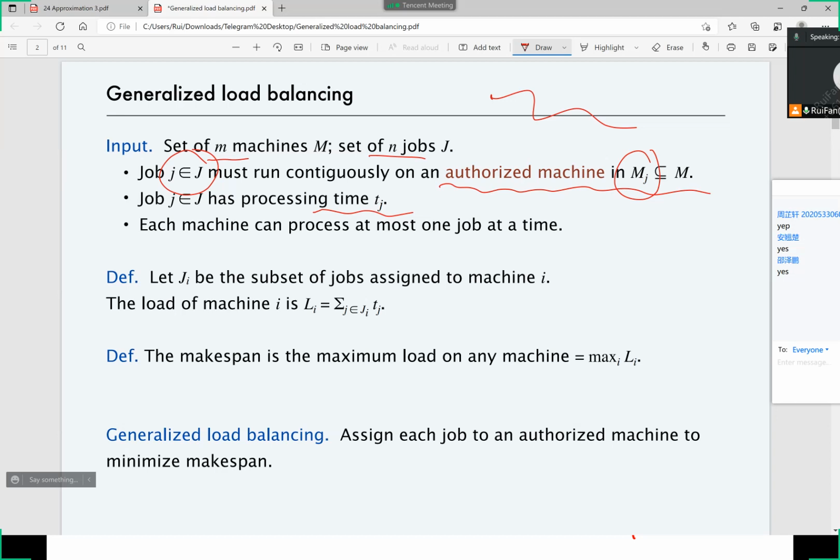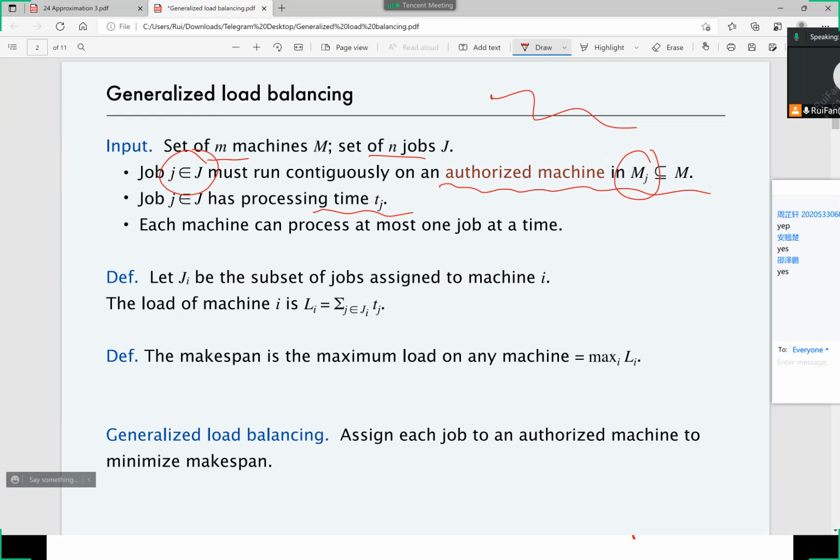So that is the setup. For example, these machines might have special data or special security permissions or something like that. That's why you're not allowed to do a job on an arbitrary computer. You can only do it on certain computers. But we're still trying to minimize the makespan.